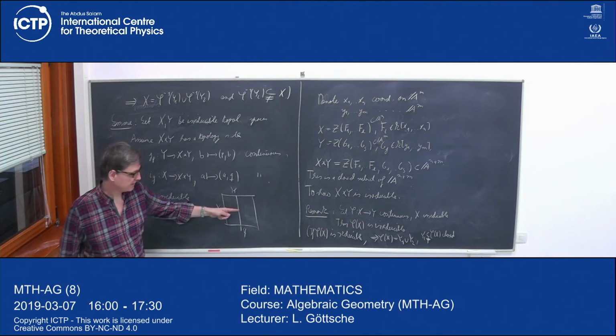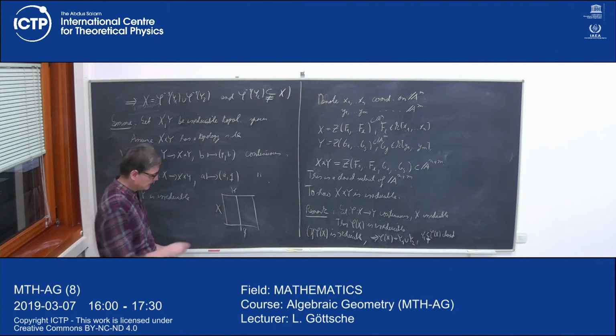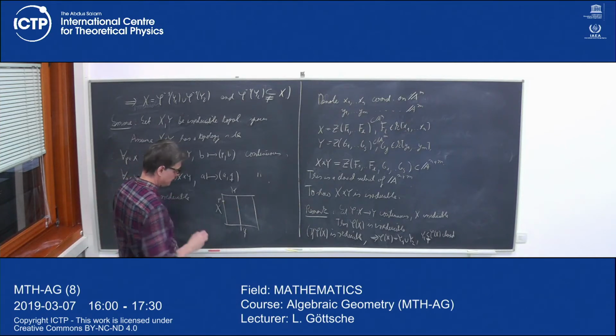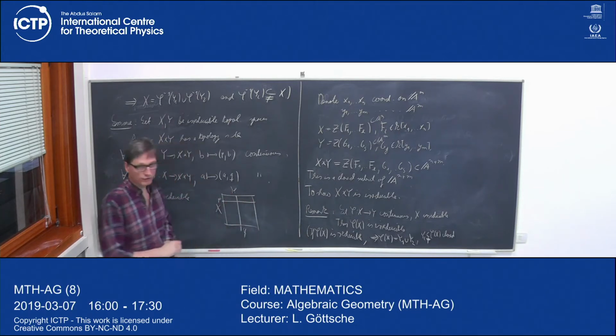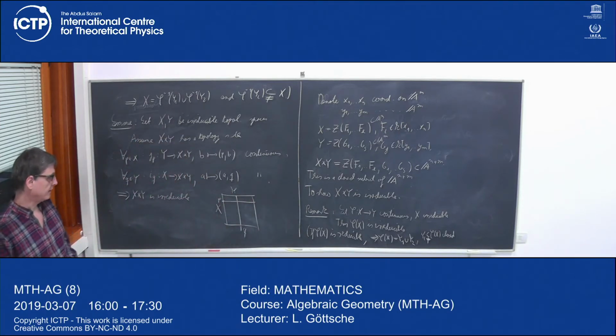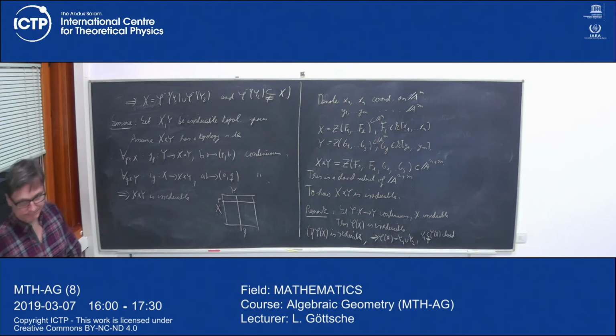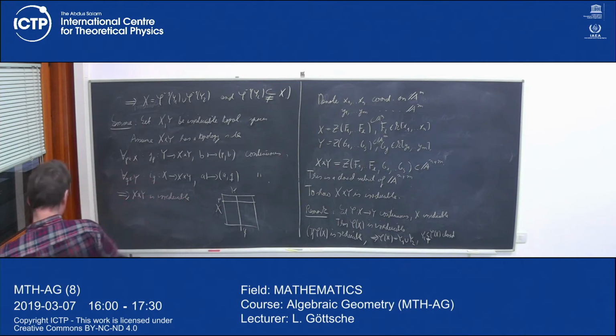Somehow one would expect that for any reasonable definition of the topology of the product this should be true. And the same here, if we take a point p here, then the map from Y to this slice should also be continuous. Then the product is irreducible. Okay? Okay, so let's prove it.